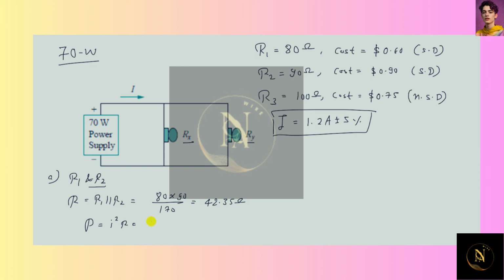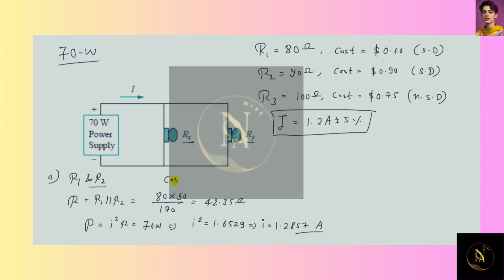So from here I squared is equal to 1.6529, and from here we calculate I equal to 1.2857 ampere. So this is outside of our range, and we can also find the cost.